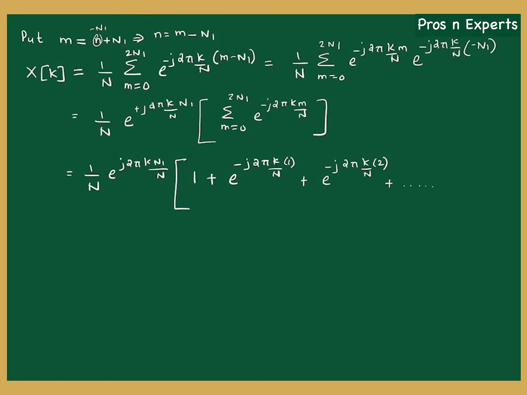You put m equal to 2n1. So e raised to minus j2 pi k by n into 2n1.